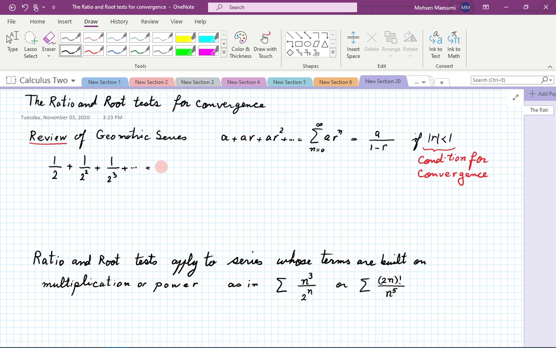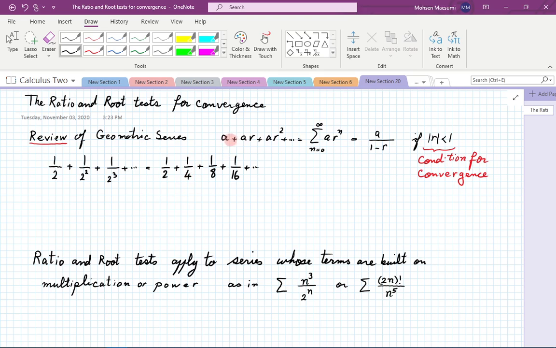Or if you want to expand it, it's 1/2 and 1/4 and 1/8 and 1/16 and so on. When I look at this series, how can I extract that r? Well, first of all, why do I want to extract r? Because that's what's going to tell me if the series converges or not. So in this case, how can I extract r?